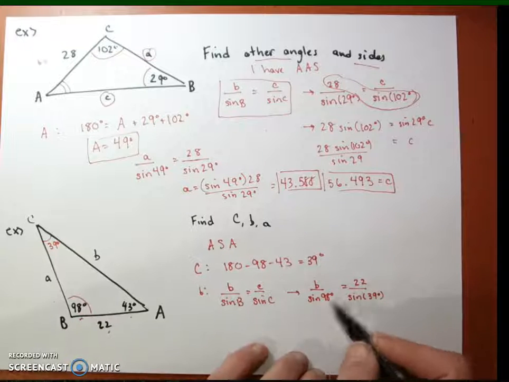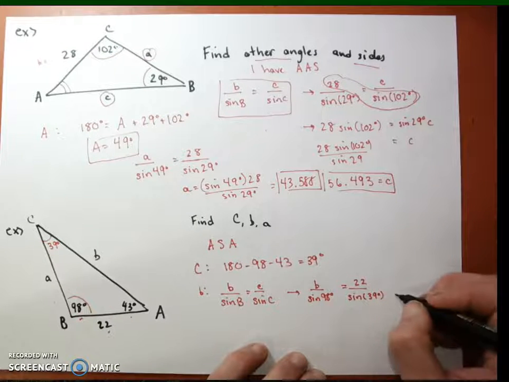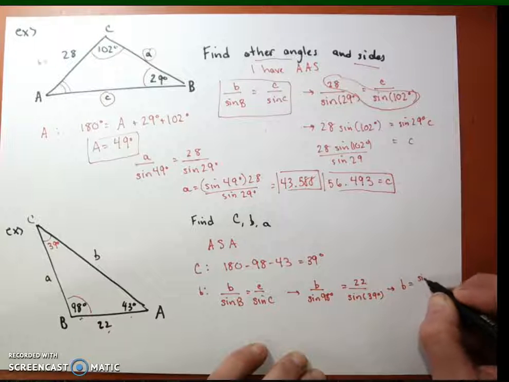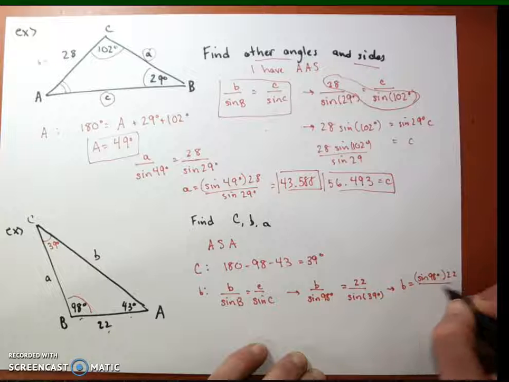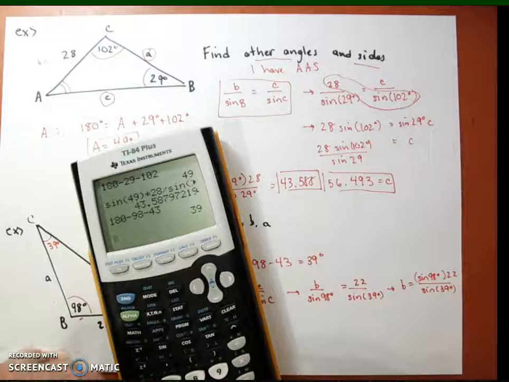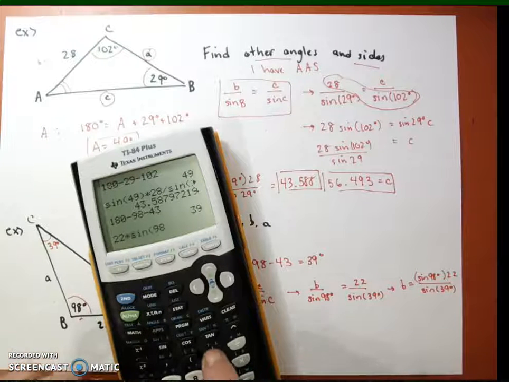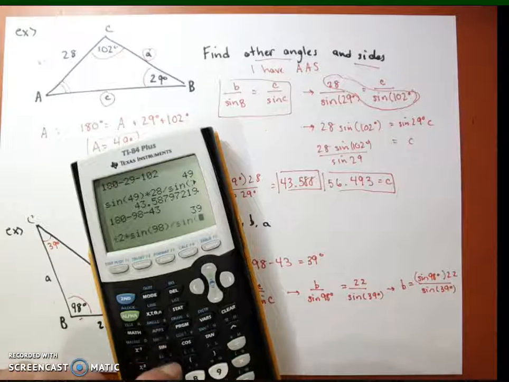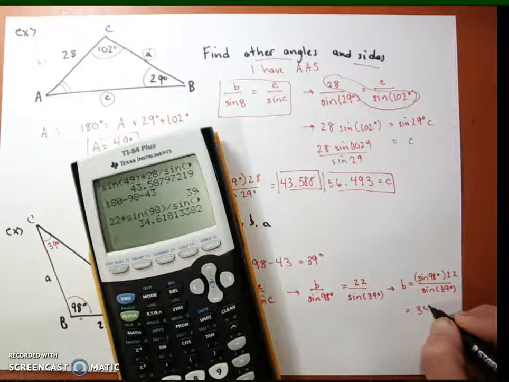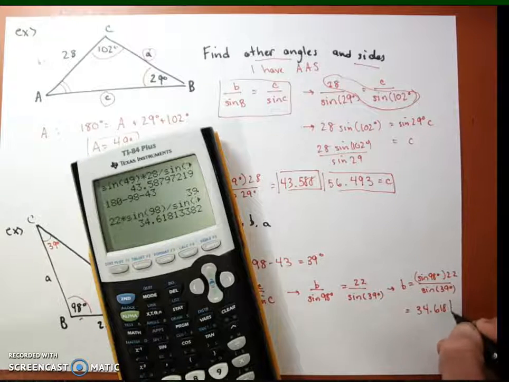So again, by cross multiplying, this tells me that b is going to equal sine of 98 degrees times 22 over sine 39 degrees. And I'll plug that into my calculator. 22 times sine 98, divide that by sine of 39. And I get 34.618.